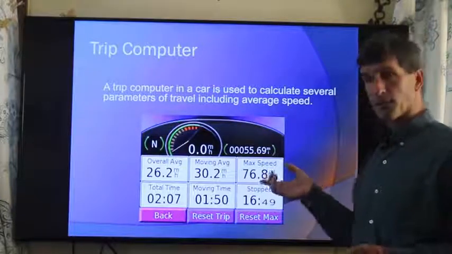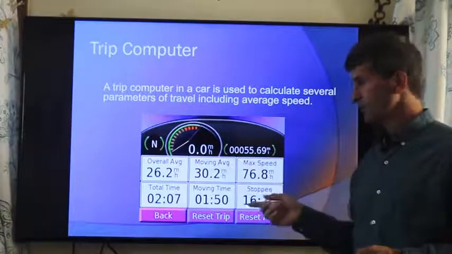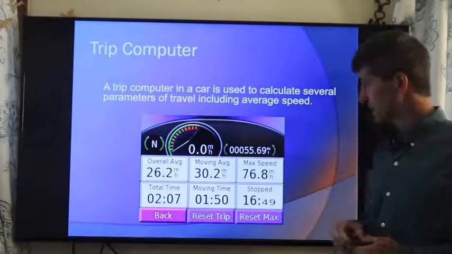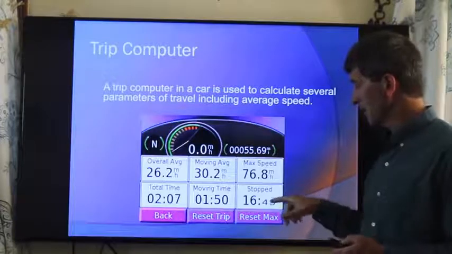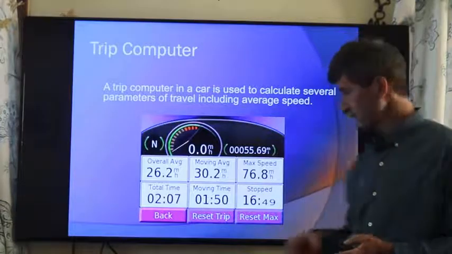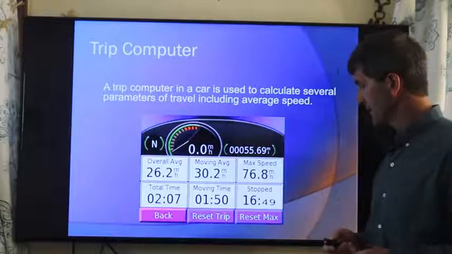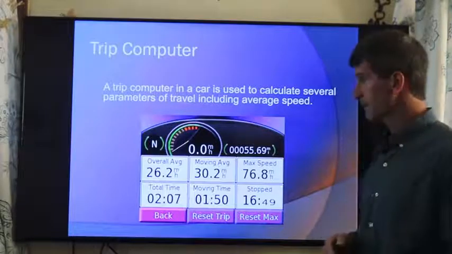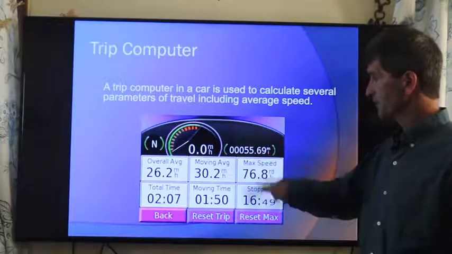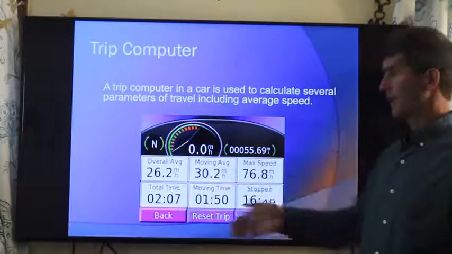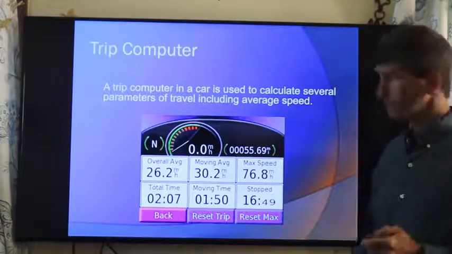Again, you could have been traveling much faster than these averages. Top speed here was 76.8 miles per hour. And sometimes they were stopped. In fact, they were stopped for 16 minutes and 49 seconds. So distance divided by time, that gives you your average speed.